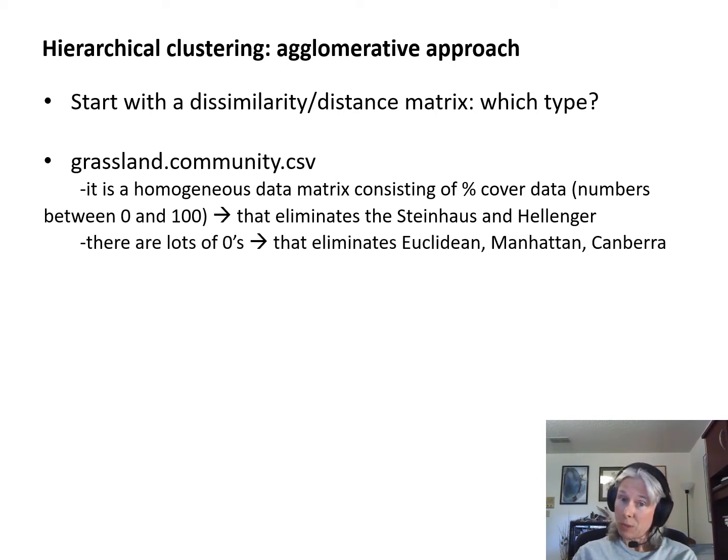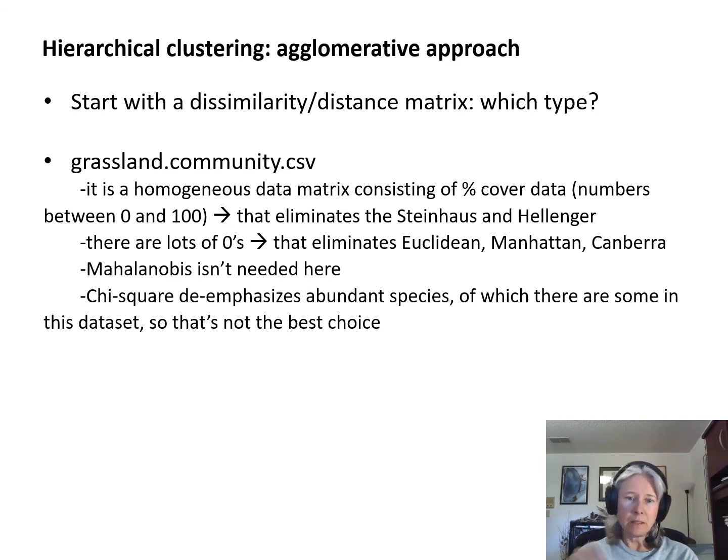There are lots of zeros in this data set, and so that tends to exclude Euclidean, Manhattan, and Canberra. The Mahalanobis approach really isn't needed here, and chi-square de-emphasizes abundant species, of which there are some in this data set, so that's probably not the best choice. And so therefore, sort of by default, the Bray-Curtis metric is used.